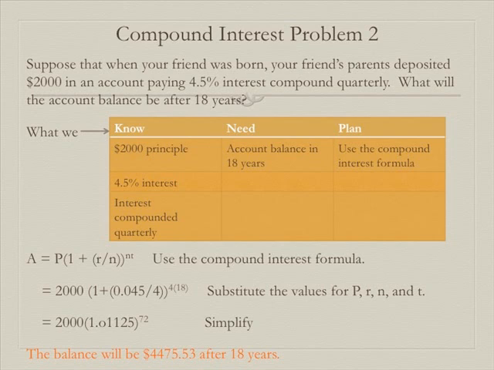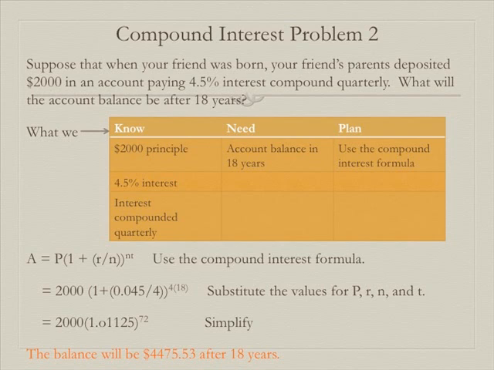So we make a table with what we know, what we need, and what we plan. We know that we have $2,000 for the principal, 4.5% interest, and the interest is compounded quarterly. We want to know the account balance in 18 years, and the plan is to use the compound interest formula.